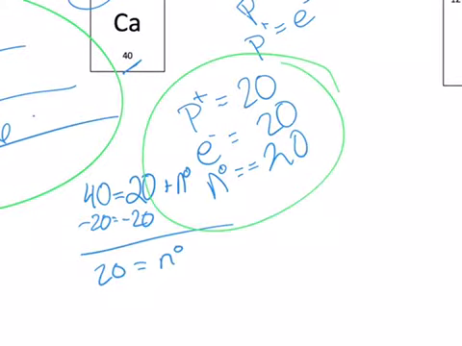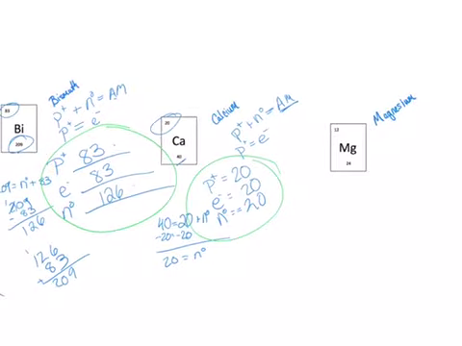A lot of the smaller elements, unless they have a charge, everything will just kind of be equal. So carbon, its atomic number is 6, its atomic mass is 12, and the number of electrons it has is 6. So everything is 6 in that example.